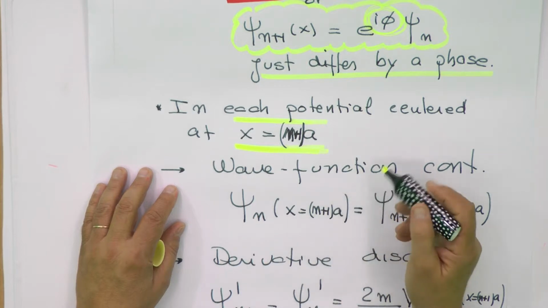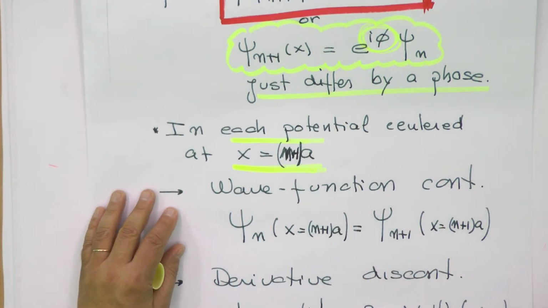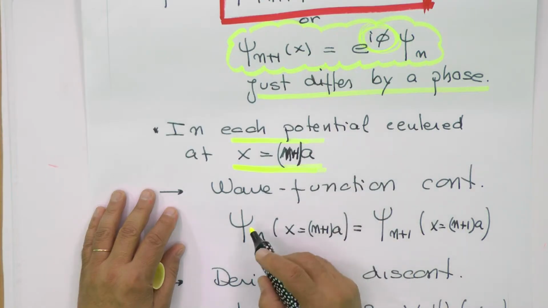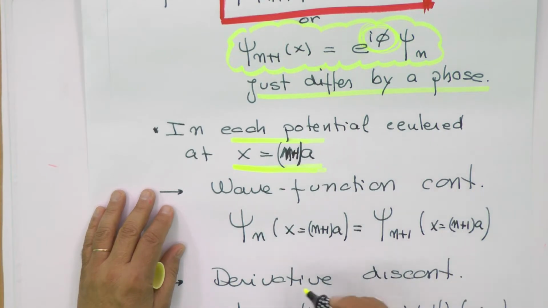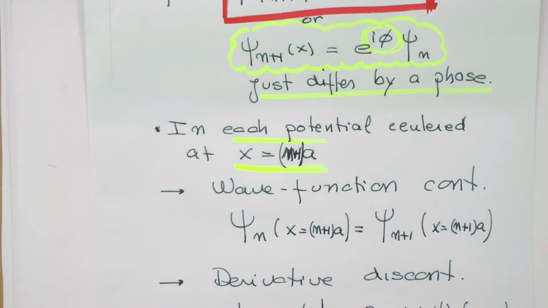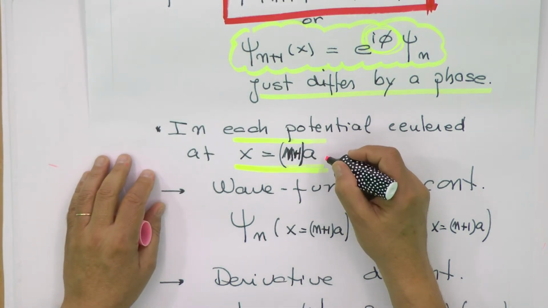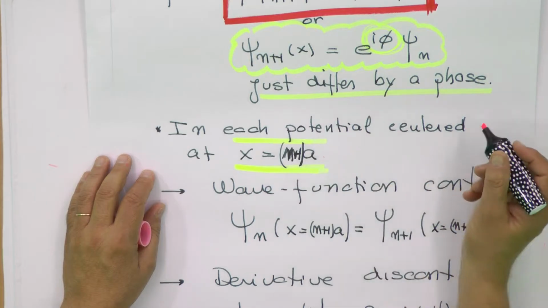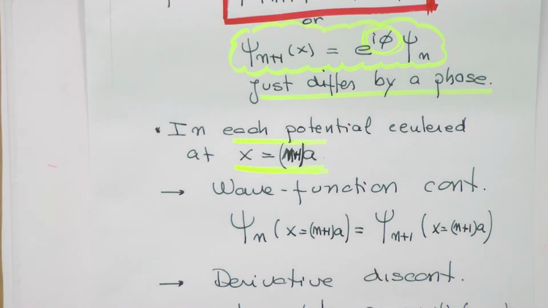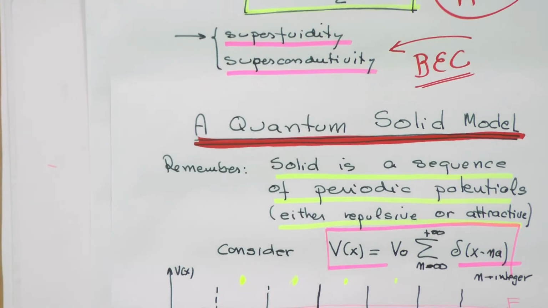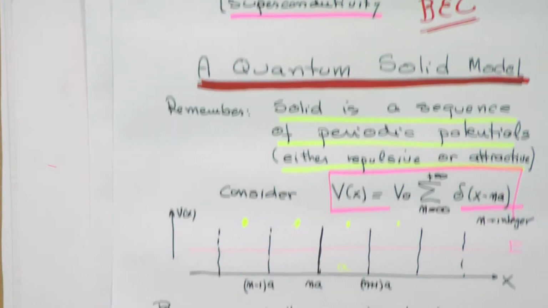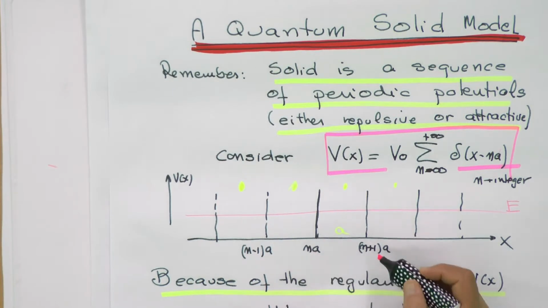And by choosing this position, we're going to match the wave function, because the wave function must be continuous. We could do it in any position, like n minus 1 a or n plus 1 a.